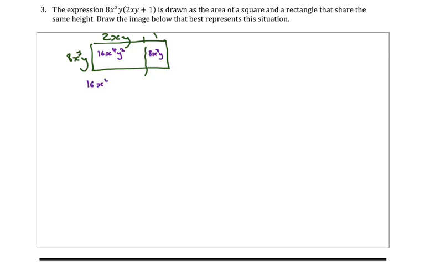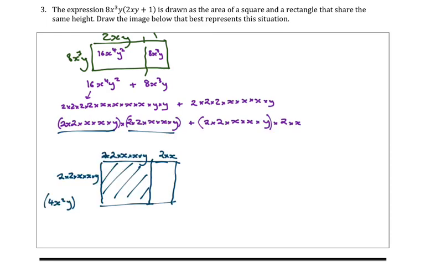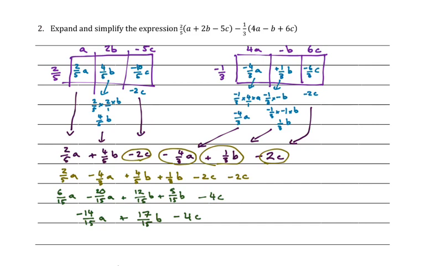Now I'm going to rewrite these, breaking them down into the primes. So 16 is 2 times 2 times 2 times 2, and then x to the 4 is x times x times x times x, and then y squared is y times y. The second term, 8 is 2 times 2 times 2, x cubed is x times x times x, and then y on its own.